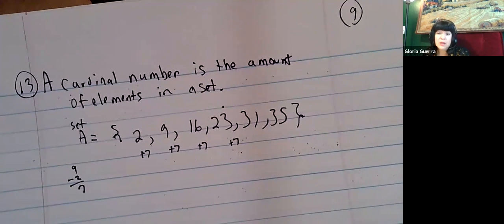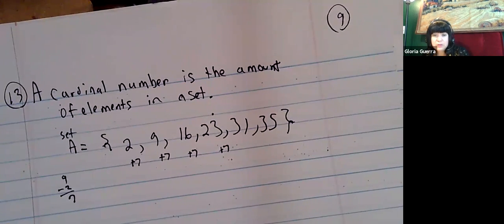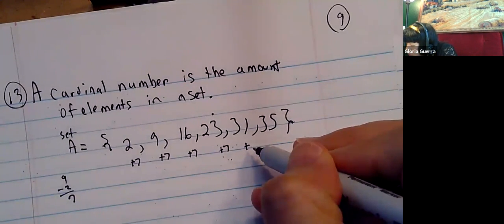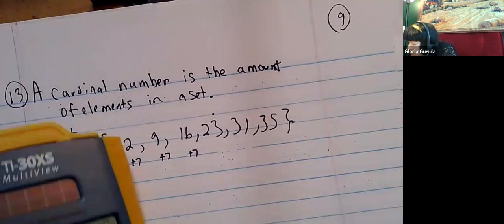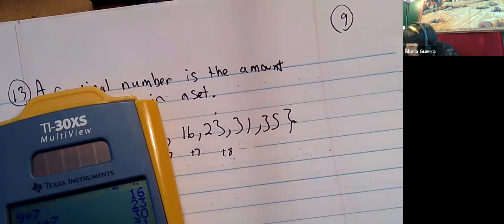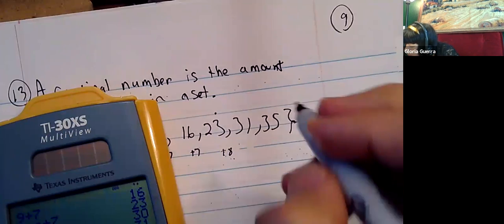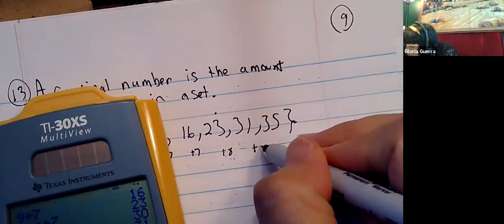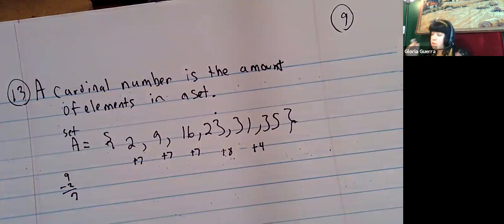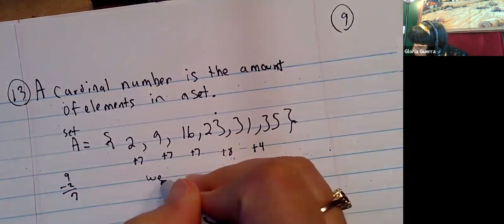And there's not. And that's okay. They don't have to have a pattern in this set. They're the author. They're creating the set. So this one actually should have been plus 8, because 23 plus 8 is 31. And then 31 plus 4 is 35. So there is no pattern.